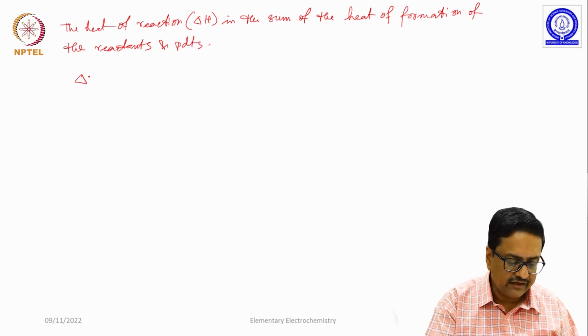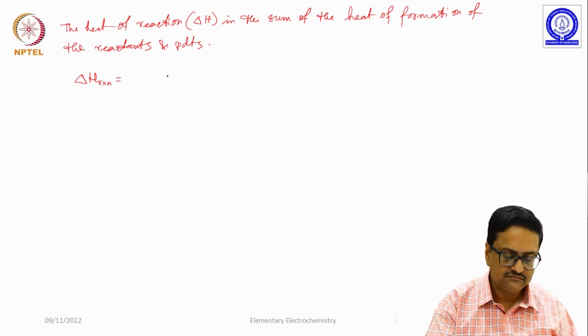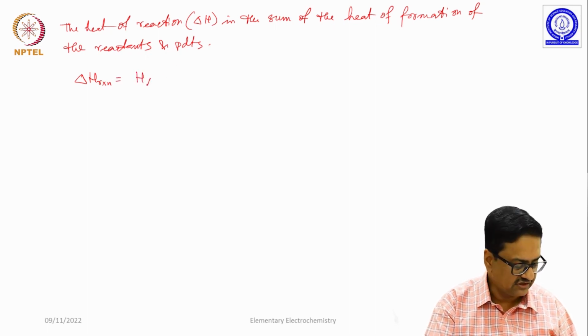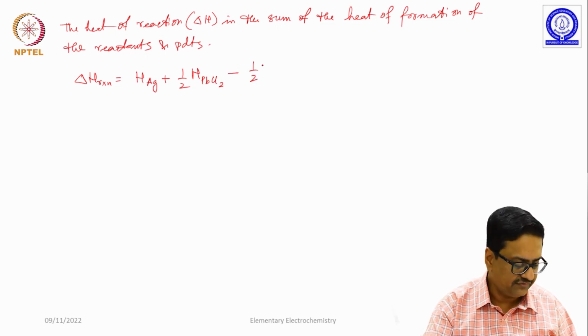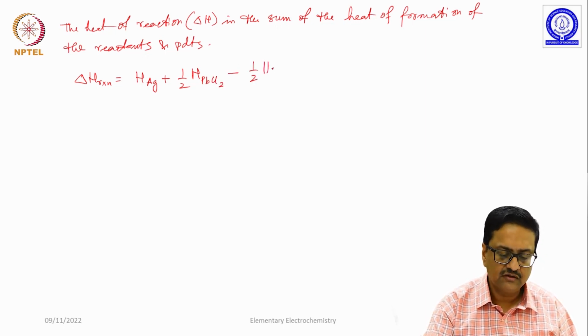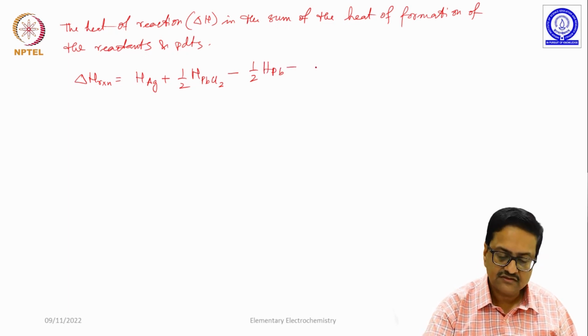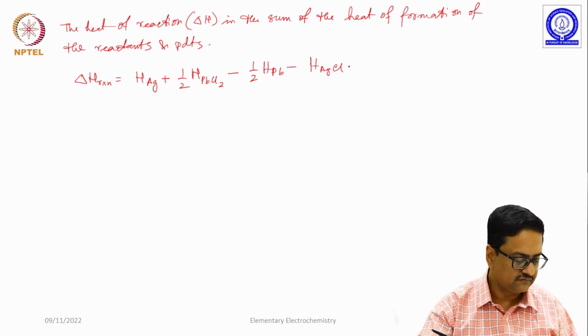So, one can write delta H of reaction is equal to heat of formation of Ag plus half the heat of formation of PbCl2 minus half the heat of formation of lead minus the heat of formation of AgCl.